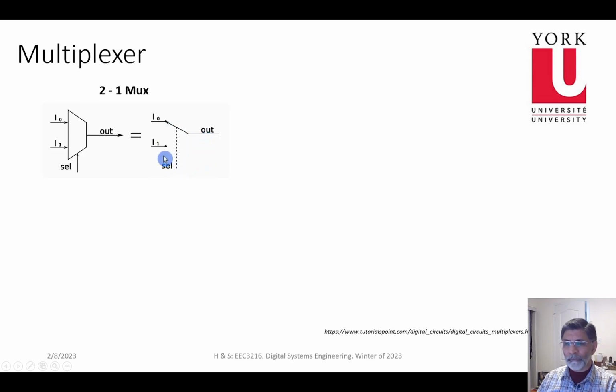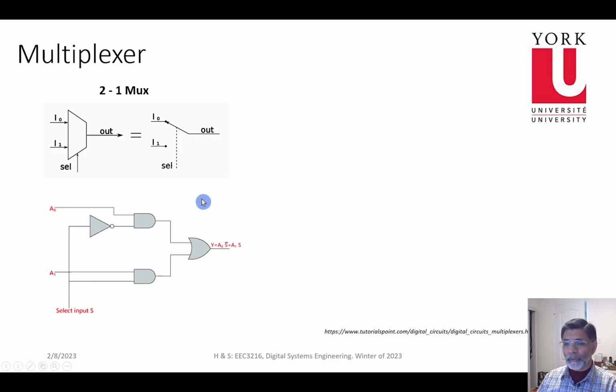If it is not pressed, the other input goes to the output. In terms of hardware, with AND gates, OR gate, and NOT gate, this is how it can be implemented structurally. This is a structural implementation of a 2-to-1 multiplexer.